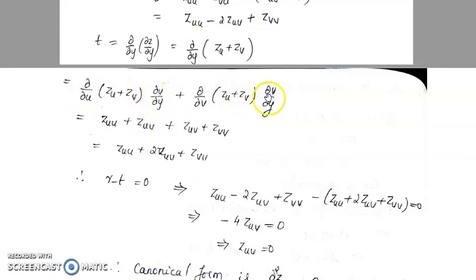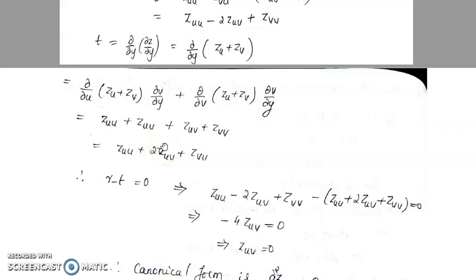Dou u by dou y and dou v by dou y are 1. So this is zuu plus zvu, then zuv plus zvv. So that is zuu, then 2 times zuv, plus zvv.